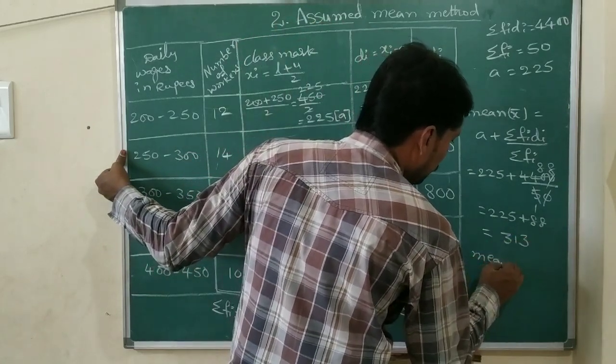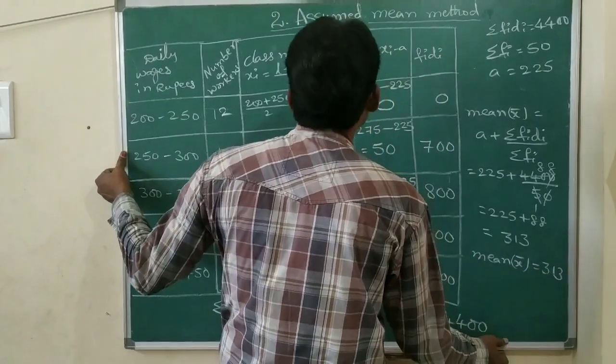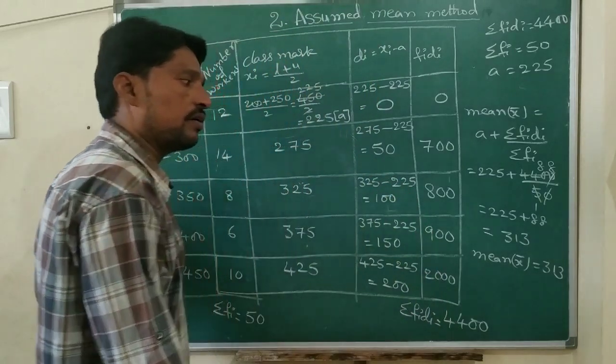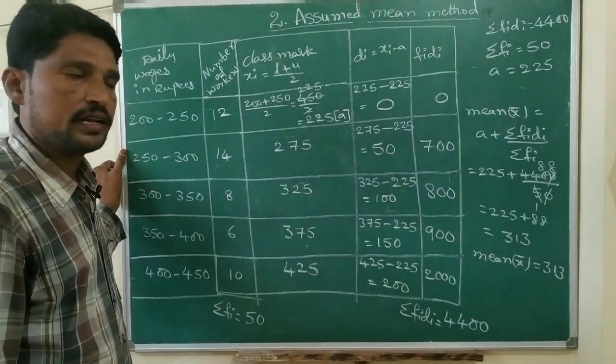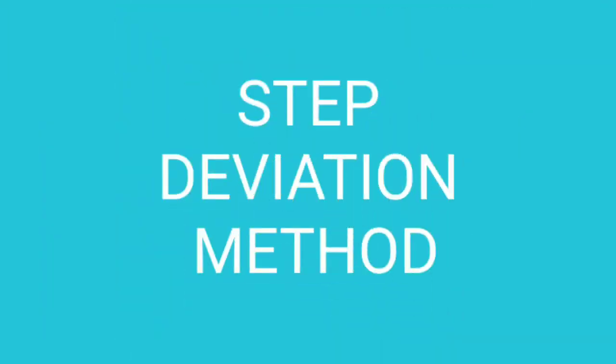Mean x bar equals 313. In the assumed mean method also we got the mean value 313. Now we will go to the next method.